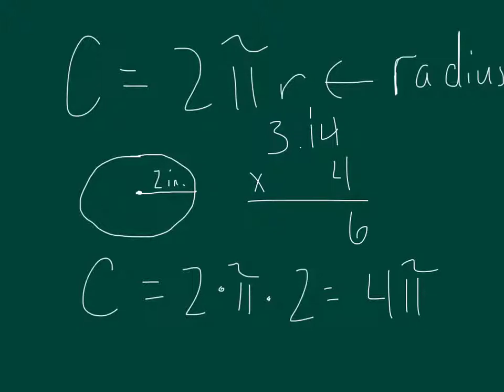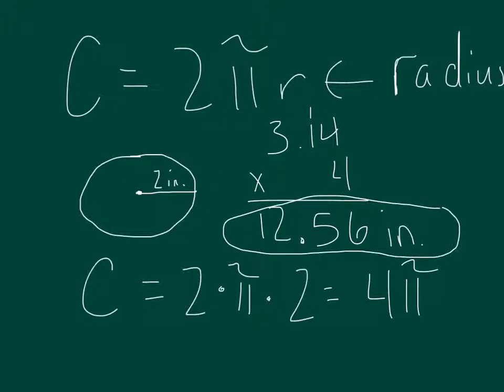Carry the 1. 4 times 1 is 4, 5. 4 times 3 is 12. Move our decimal point over 2 spaces. So that's going to give us our circumference. Our circumference of this circle is 12.56 inches.